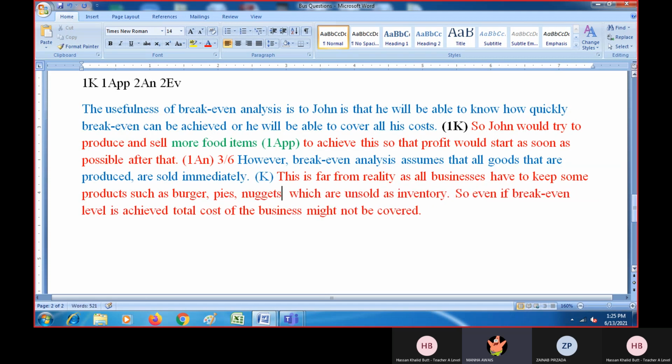That's right. Nuggets are possible because it's a frozen item. But fries, I think once you process it, it's difficult to store it. But it's perfectly fine if it is there. You know that as soon as potatoes are processed into fries, you have to eat them, otherwise you cannot fry them again. There's a problem. But yes, there is a term which we use, half fries.